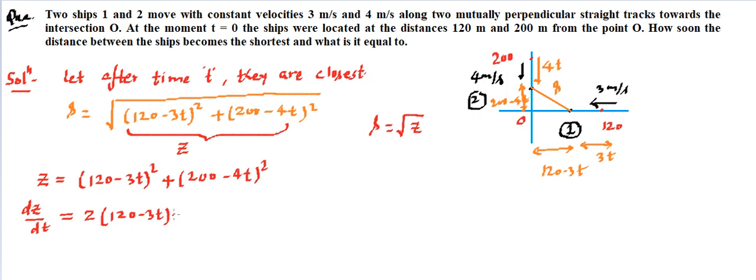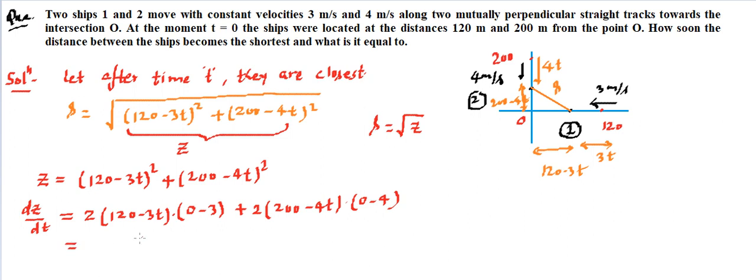Then, as per the chain rule, you need to differentiate the inside again, so d upon dt of the entire stuff inside: 120 differentiates to 0, and minus 3t differentiates to minus 3. Then the second term, (200 minus 4t) raised to power 2 minus 1, that's 1, and by the chain rule it's 0 minus 4. So that's going to be dz upon dt.